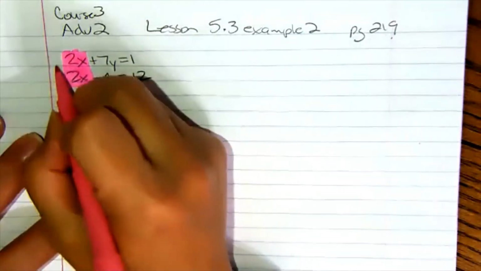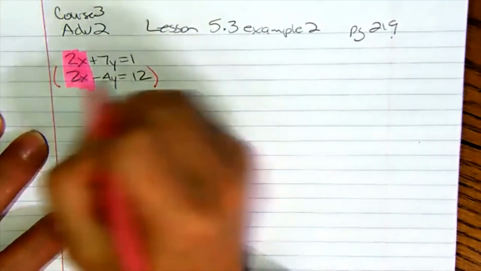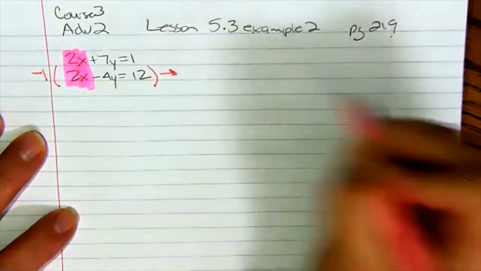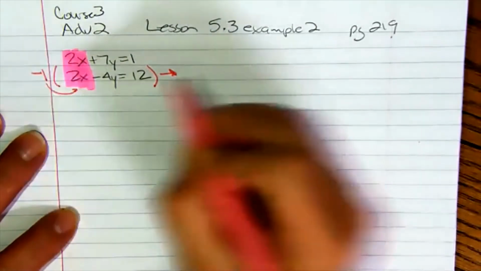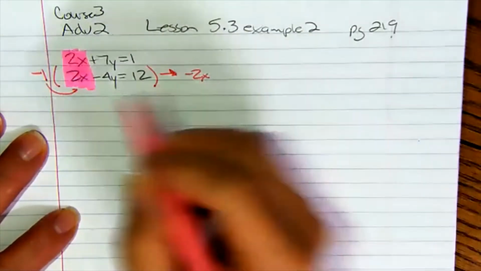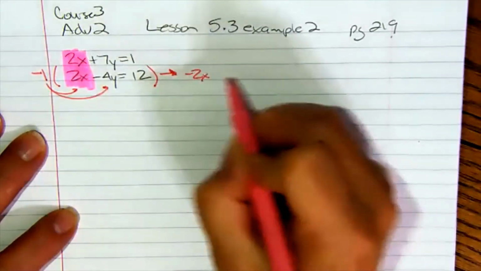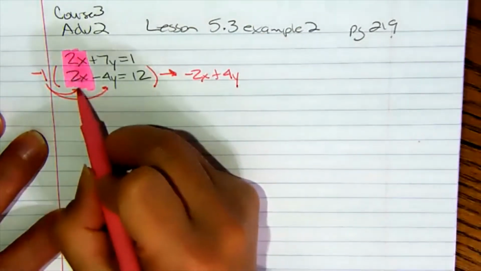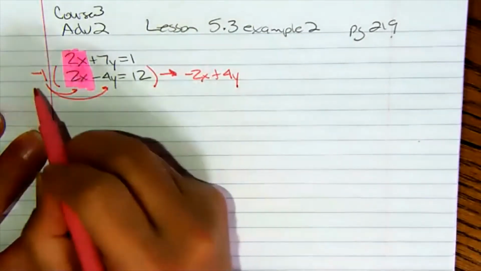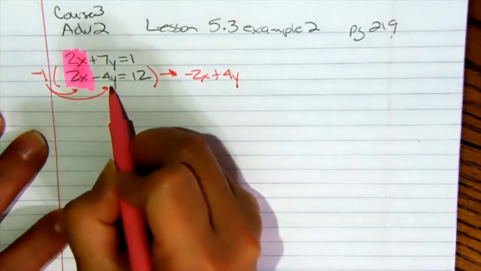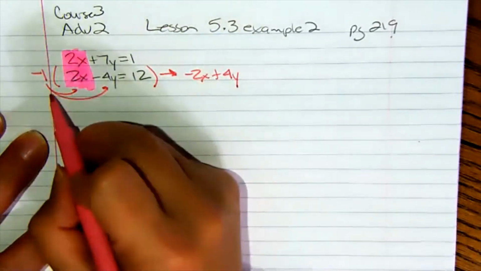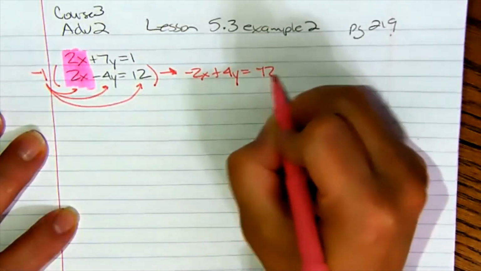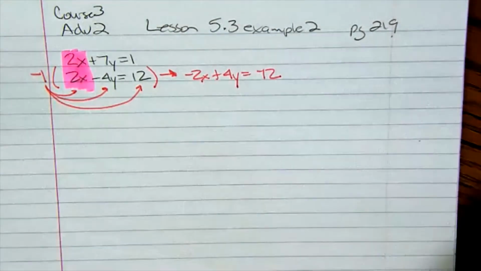So we learned we can multiply this whole equation by -1, use the distributive property. So -1 times 2x is -2x. -1 times -4y is +4y. And -1 times 12 is -12.